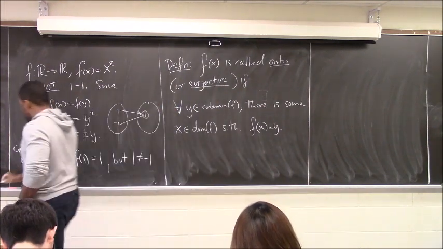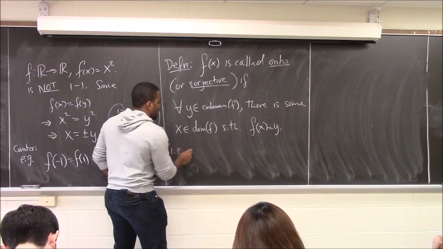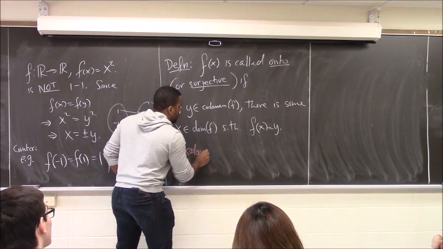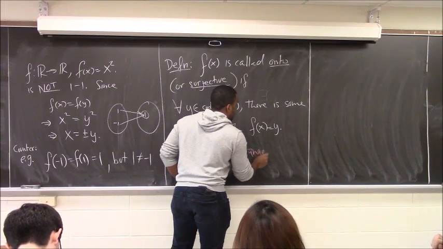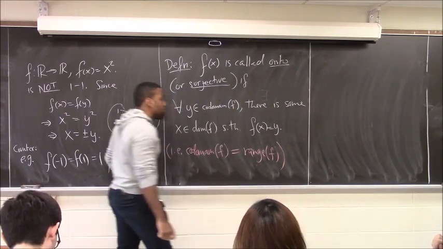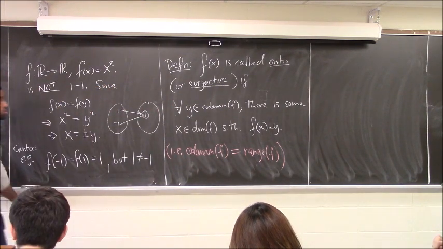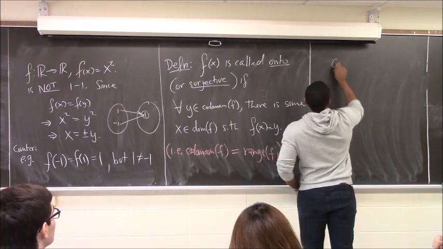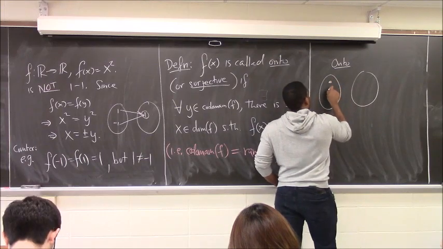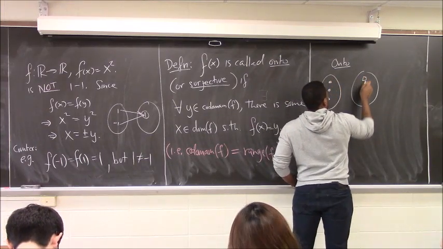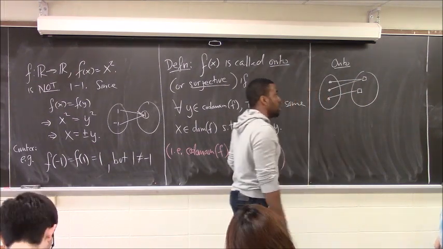In other words, another way of saying this is that the codomain of f is exactly the same as the range of f. It means that everyone in your codomain is the output of someone in your domain. That is an onto function.